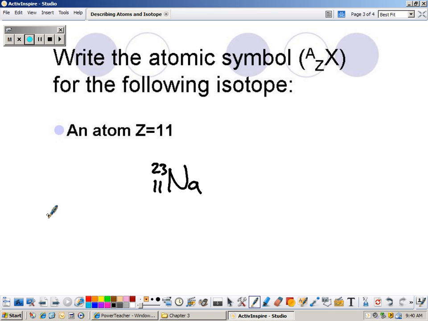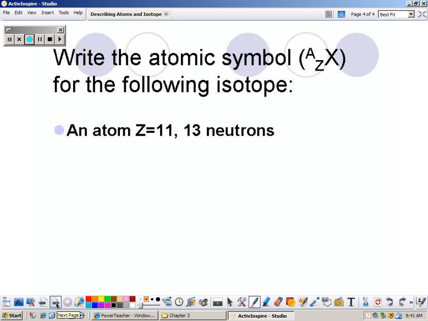And again, if we had to find protons, neutrons, and electrons, we can do it the way we learned earlier. You look at the average atomic mass on the periodic table and you round it. It was like 22.9 something. All right, we're done with that one. One more.